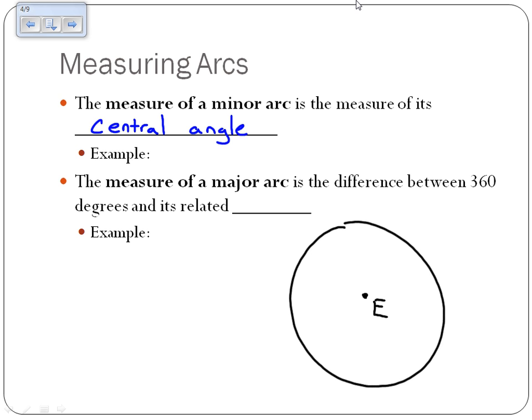We'll call it circle E. If I draw a central angle, where does the vertex have to be for a central angle? Center. So we'll connect.